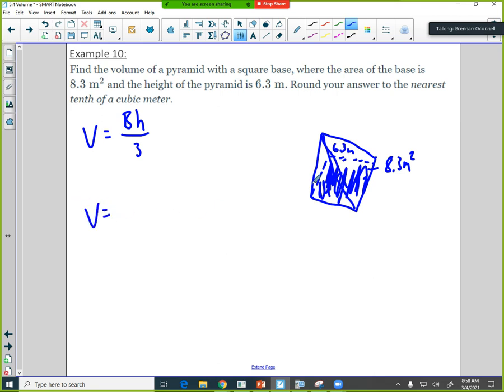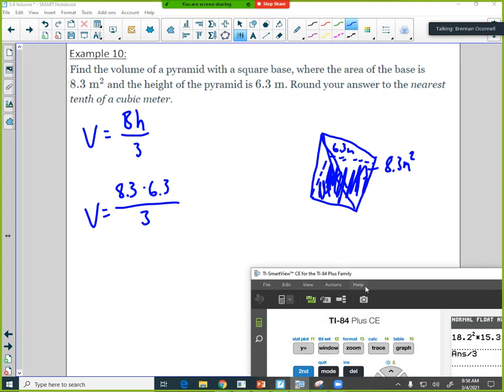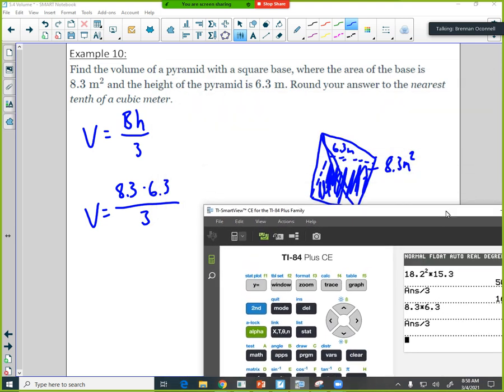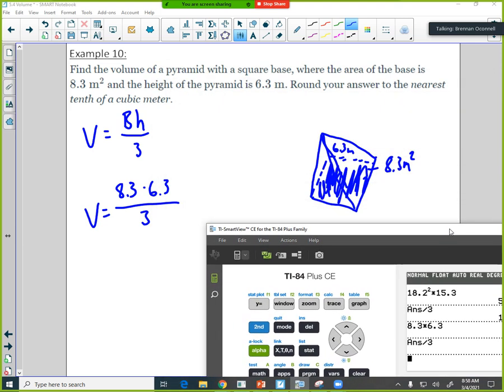And so we know the base is 8.3 and the height is 6.3. Then we divide it by 3. And again, a calculator will help us do that. 8.3 times 6.3, and then divide it by 3. And we'll get 17.4 if I'm rounding to the nearest tenth.